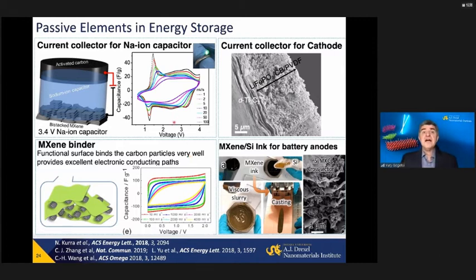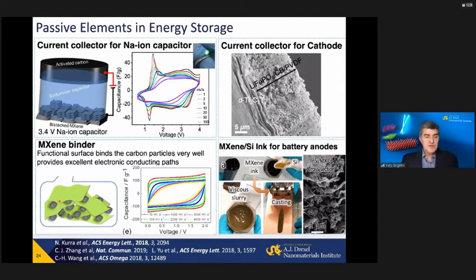But a lot of improvement can be achieved by also using them as passive materials, or both passive and active material, using them as current collectors, using them as a binder, for example, for silicon, tin, or other materials with large volume expansion, poor conductivity, but high capacity, large energy storage ability.